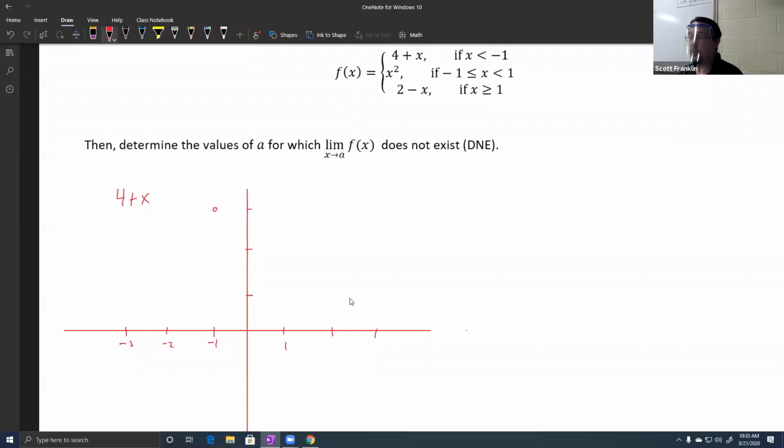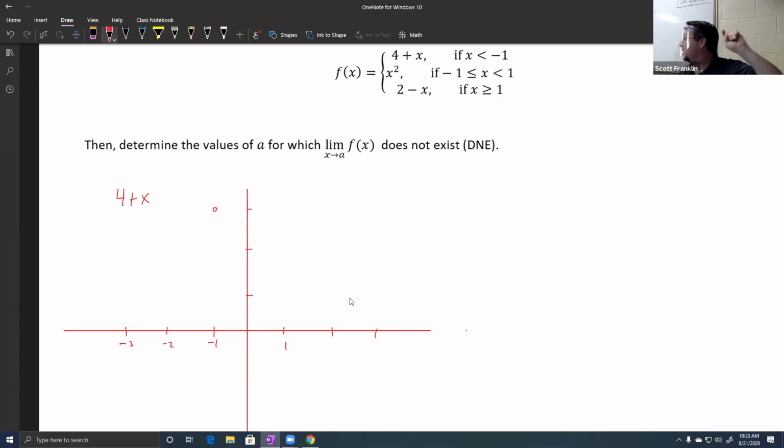And I'm going to put a circle right there because this piece says strictly less than -1. So it doesn't actually have that value at -1. If I gave an x of -1, I would have to plug it into the second piece. Right? F of -1, I would use this piece right here because that's when x is -1. But the line over here to the left-hand side is a diagonal slope of 1.